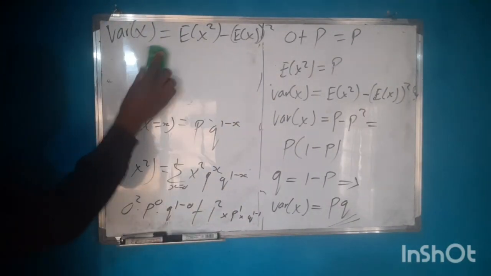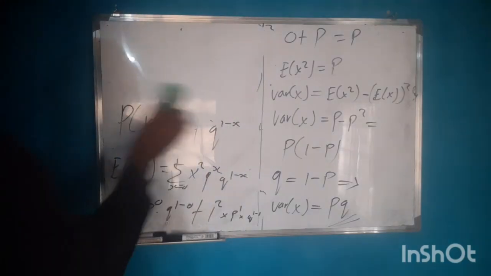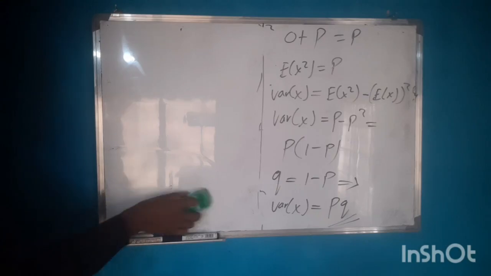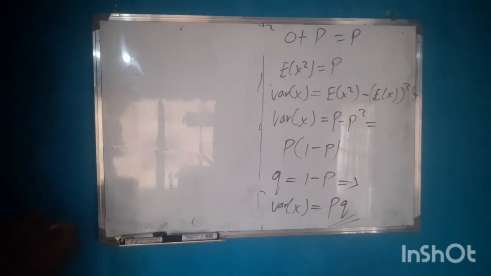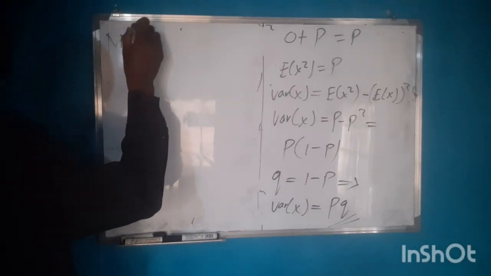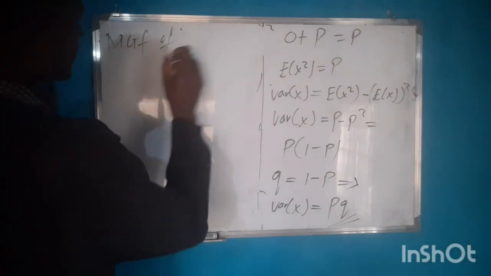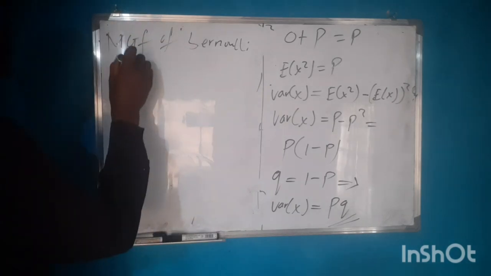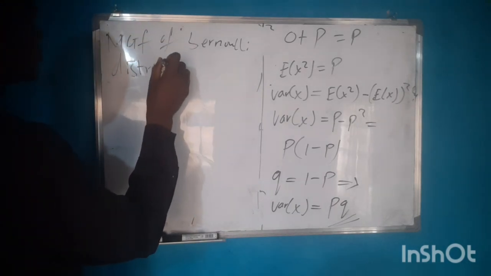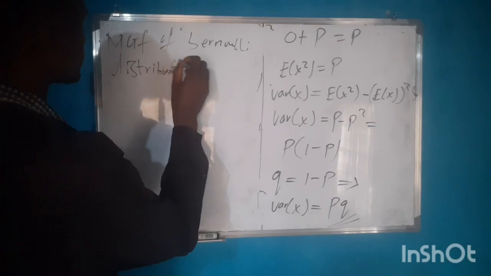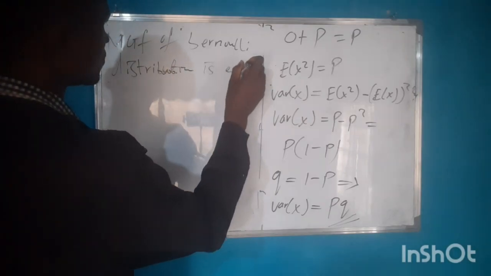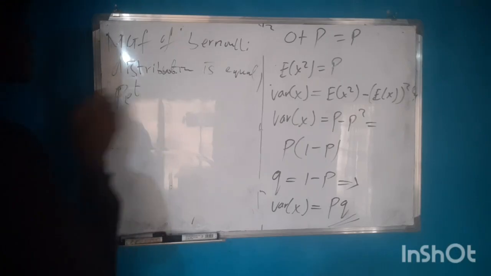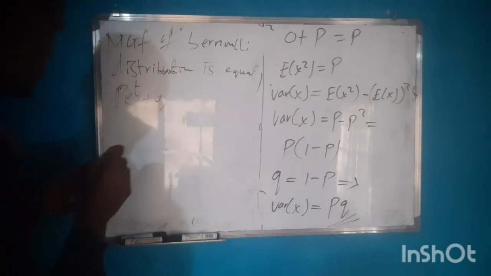So let's show why the moment generating function (MGF) of a Bernoulli distribution is equal to p exponential t plus q.